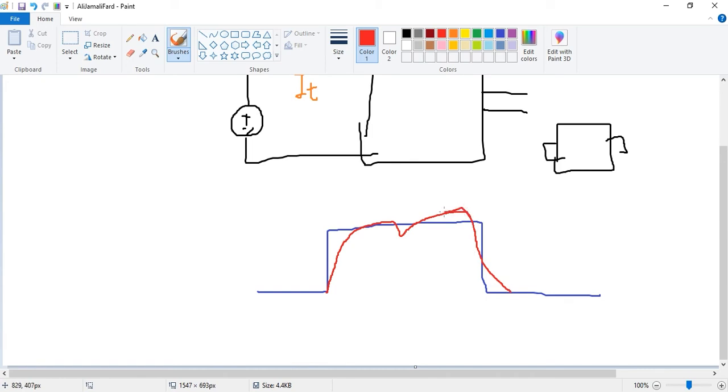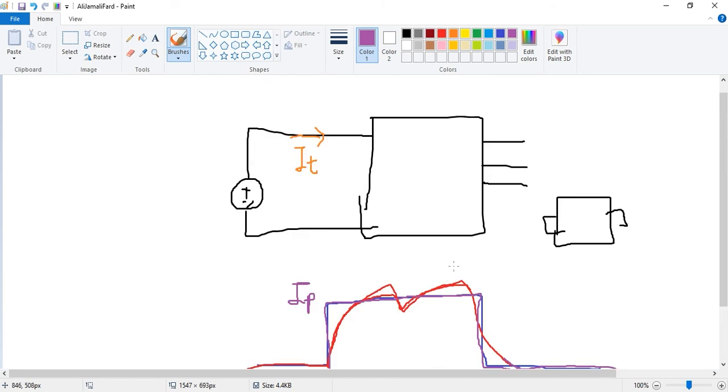So in this case we have ripple in current, and instead of peak value we can define an equivalent peak value to use in our analytic equations. Equivalent peak value, not peak value.